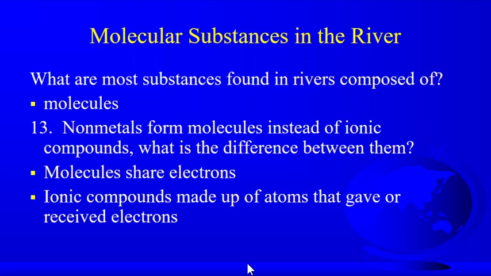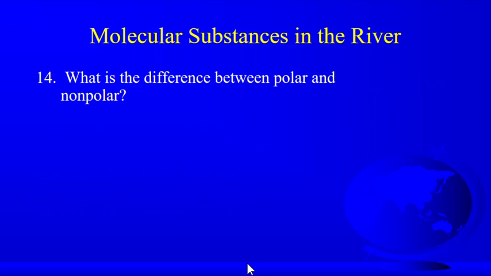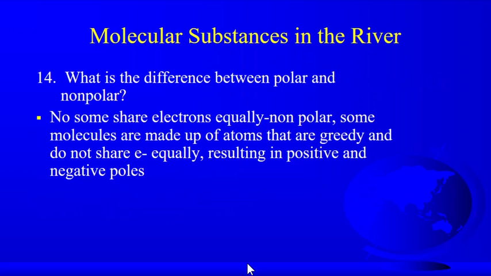Ionics are going to give or take electrons. What is the difference between the two types of moleculars, polar and nonpolar? Some share electrons equally, while others share them unequally.